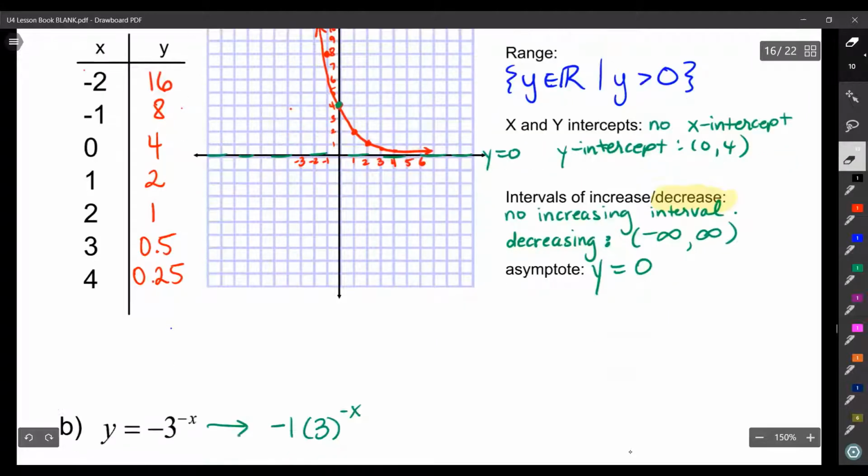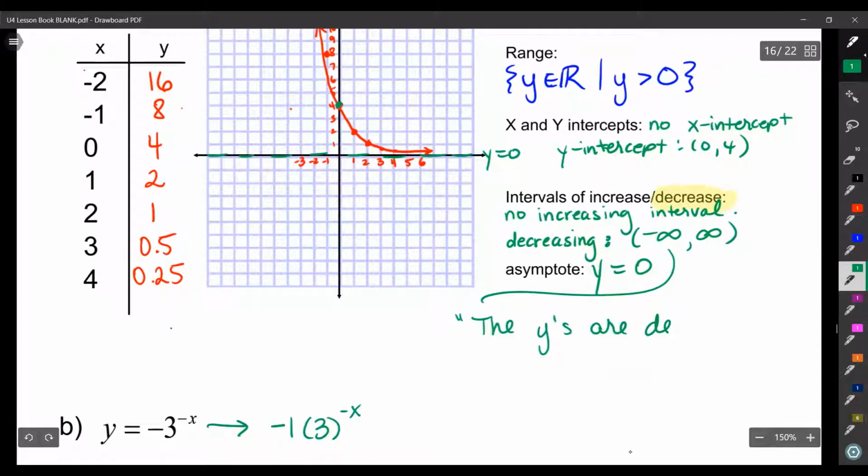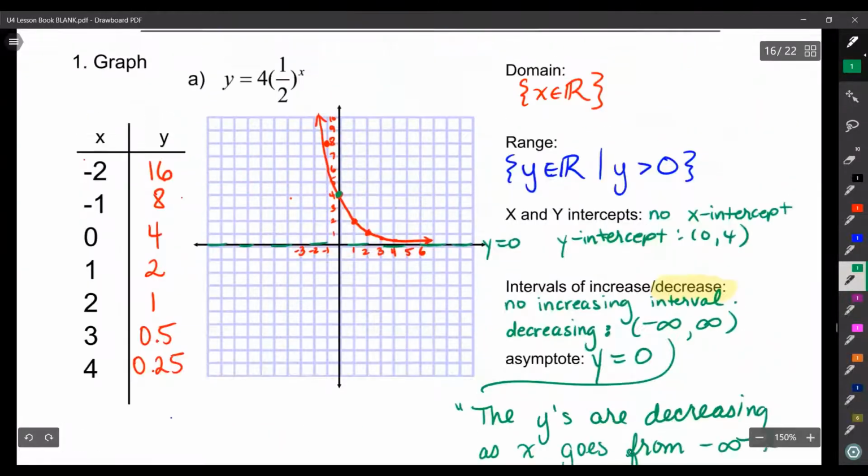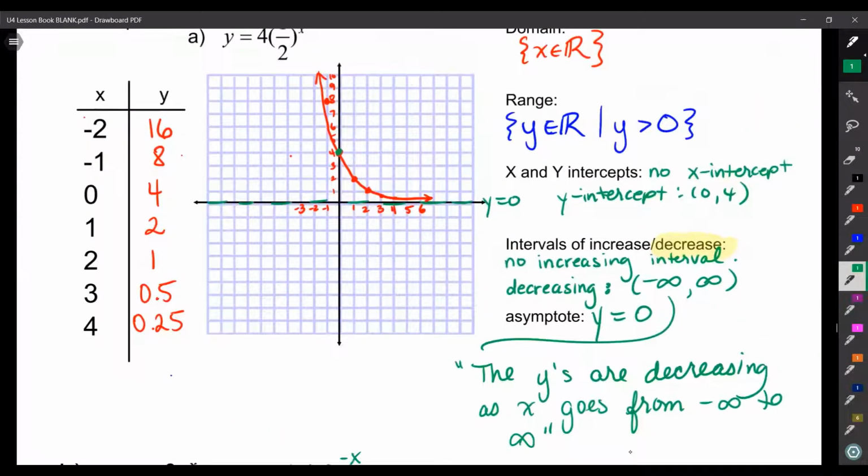Basically what this is saying is the y's are decreasing as x goes from -infinity to +infinity, or left to right, basically. As we travel left to right, the graph is decreasing everywhere.